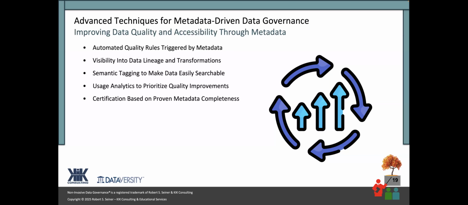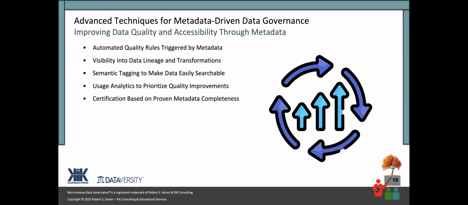All right, another subject I want to go through quickly with you is the one that everybody talks about with data governance. When they get past compliance, they want to talk about improving quality and improving accessibility to data. And again, those same five themes resonate: the automation, the lineage, the tagging, the usage analytics.